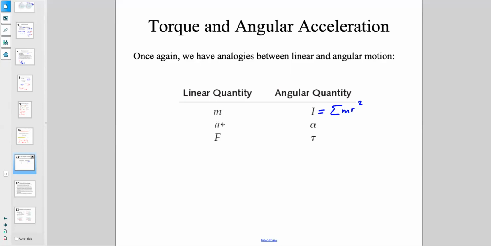In linear motion, we have acceleration A. In angular motion, we have alpha, angular acceleration. For the linear quantity, we have F, or force. For the angular quantity, we have torque, or tau. So they all have the same concept. One is for angular motion, the other is for linear motion.